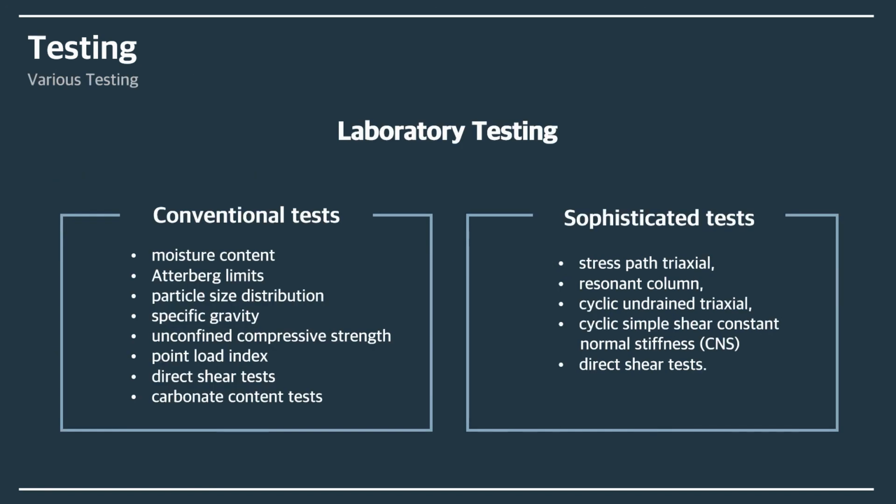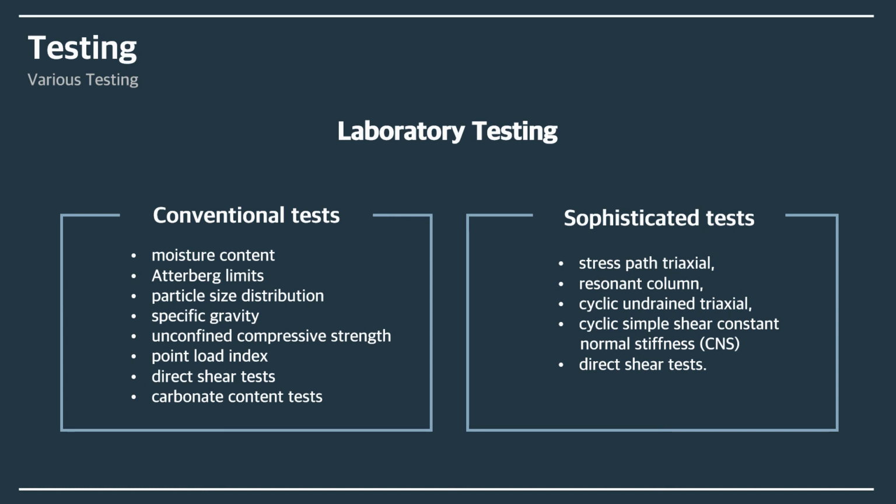And also, there are many laboratory testings. The geotechnical laboratory testing program consists of two broad classes of tests. First, conventional tests, including moisture content, Atterberg limits, particle size distribution, specific gravity, unconfined compressive strength, point load index, direct shear test, and carbonate content test.